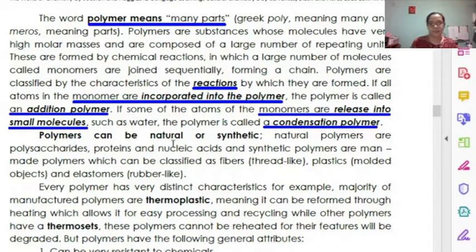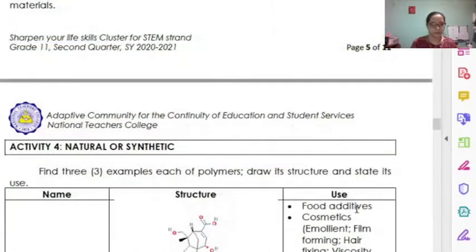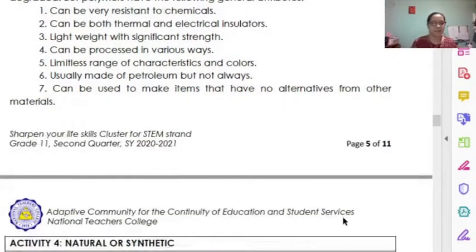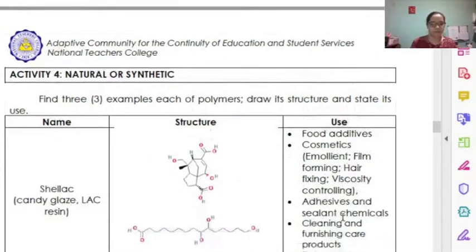Polymers can be natural or synthetic. And these are the characteristics of a polymer. Then for activity 4, as mentioned in the previous reading, polymers can be natural or synthetic. Activity 4, you will find 3 examples of each.